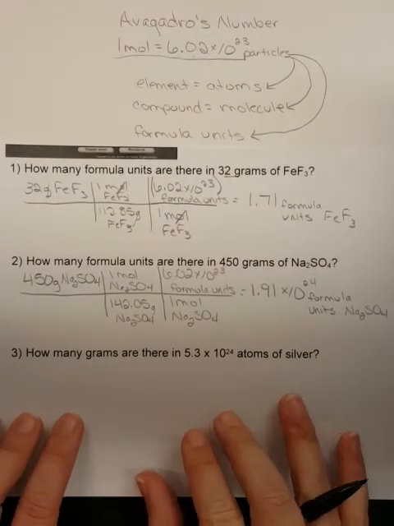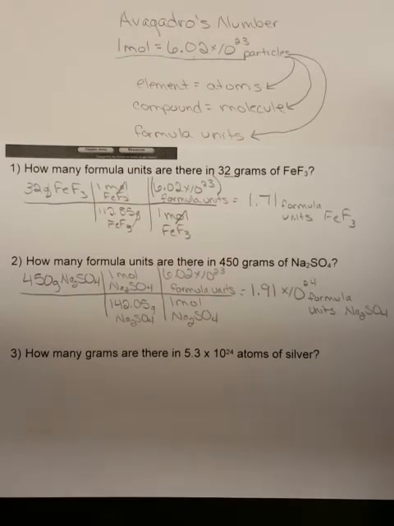Right, so you should have gotten 1.91 times 10 to the 24th formula units for Na2SO4.